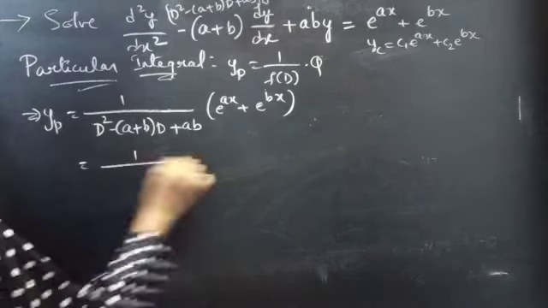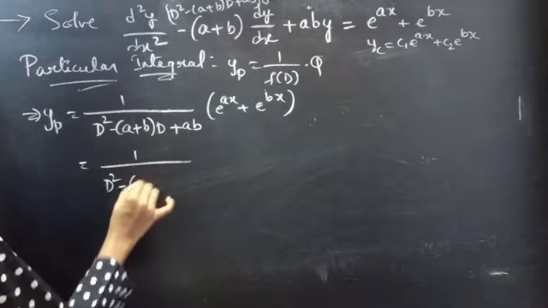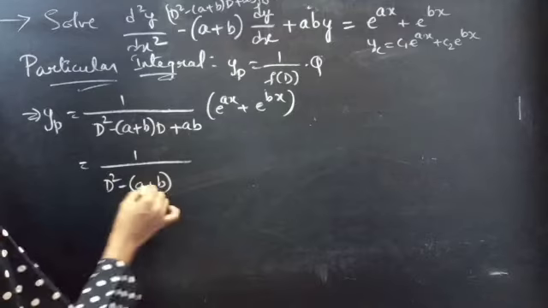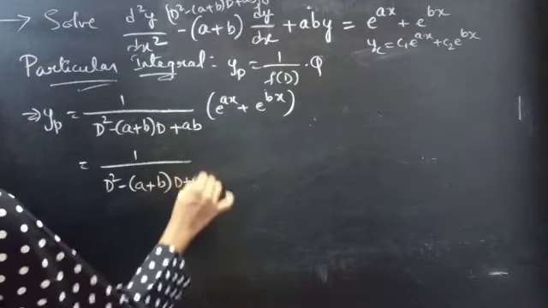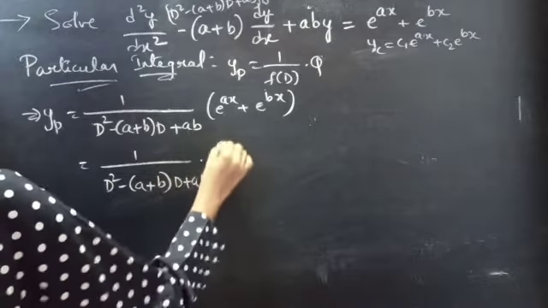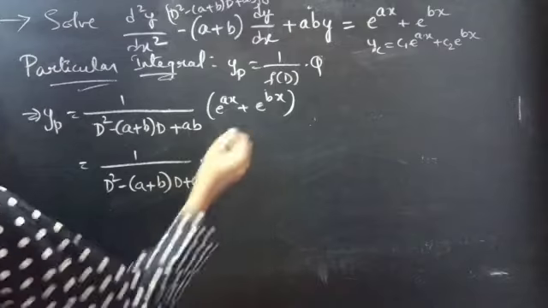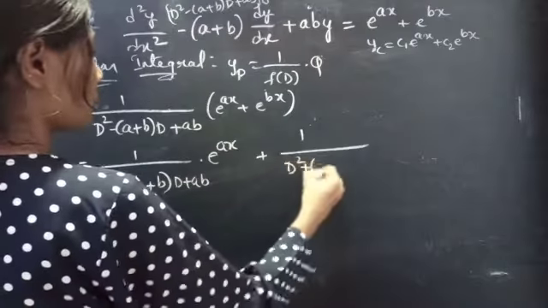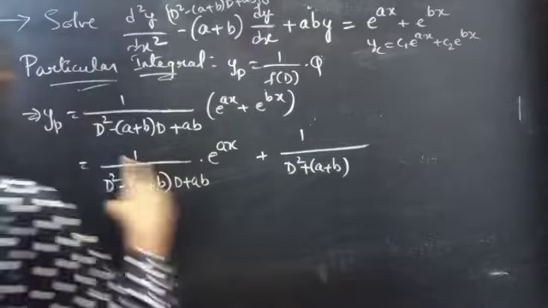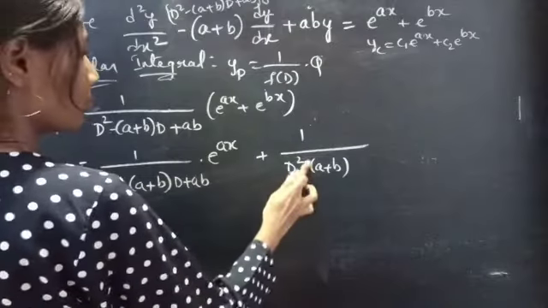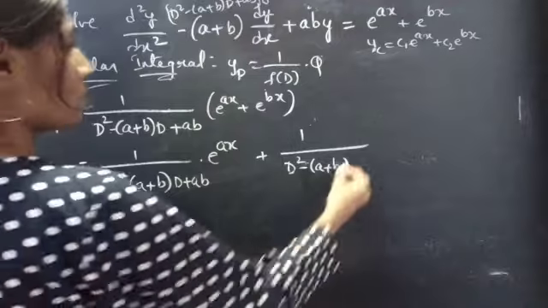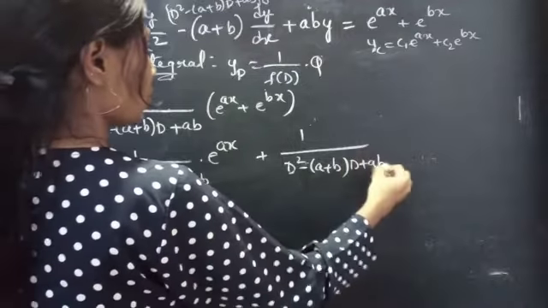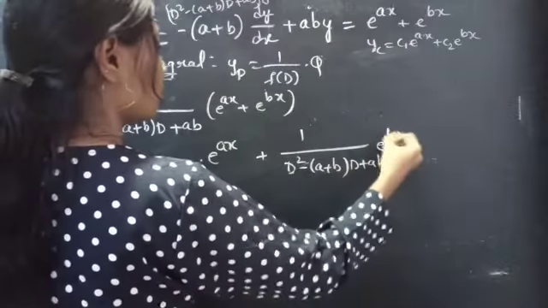Again you can write this as 1 by D square minus a plus b into D plus ab into first term of Q, e power ax, plus 1 by D square minus a plus b into D plus ab into second term e power bx.